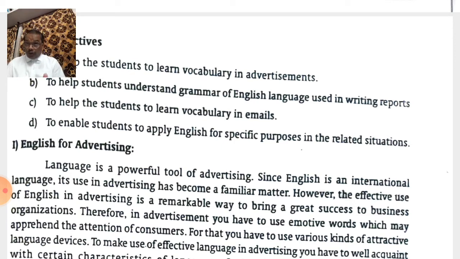If you want to run a business upon a product, it is very essential to give an advertisement, to draft an advertisement. But if you want to draft an advertisement to get success in such a particular field, it is very essential to make the advertisement in a different way. And for that, language should be remarkable.